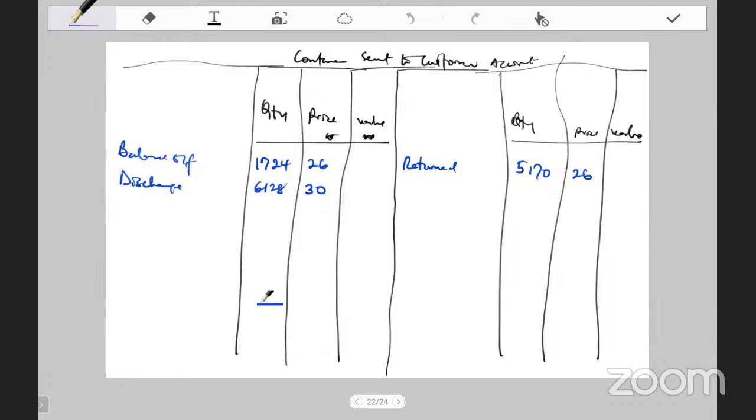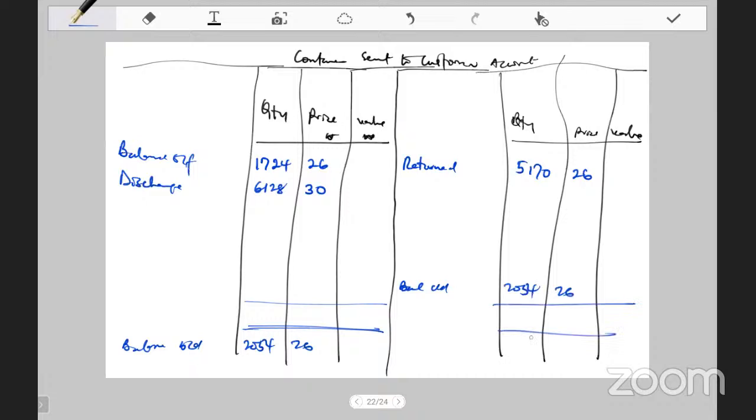What do you call the name? Good sense. So I have a balance brought down of 2,054 at 26, then your balance carried down, 2,054 at 26.